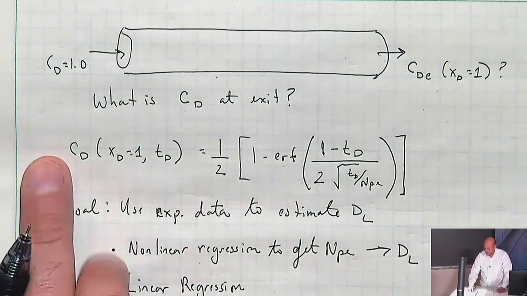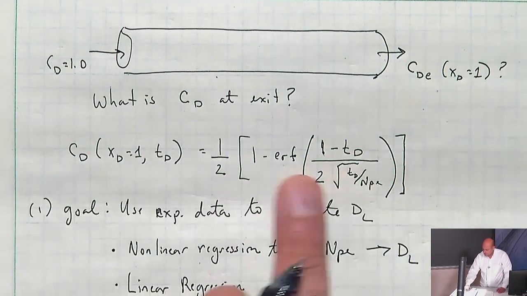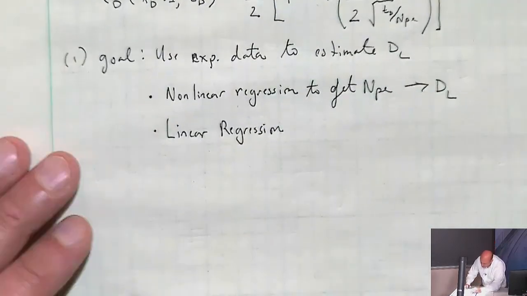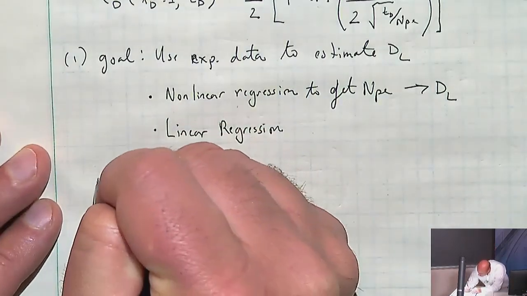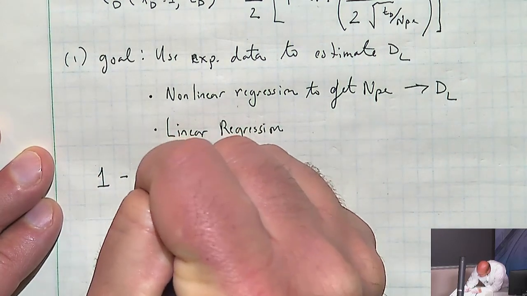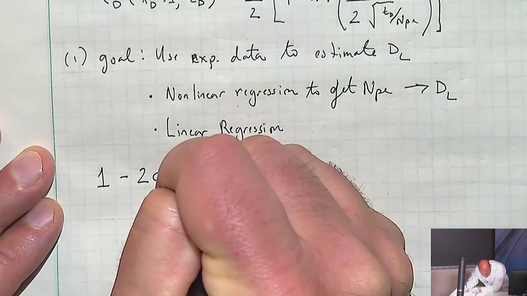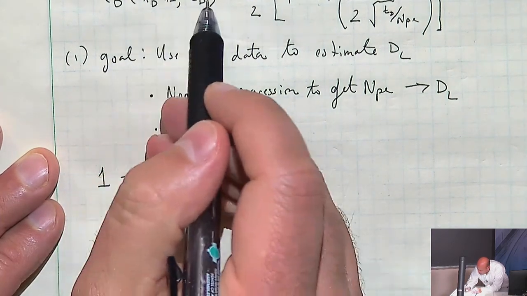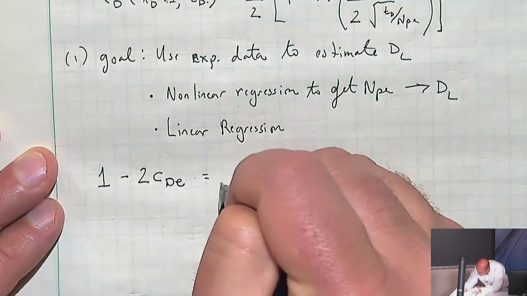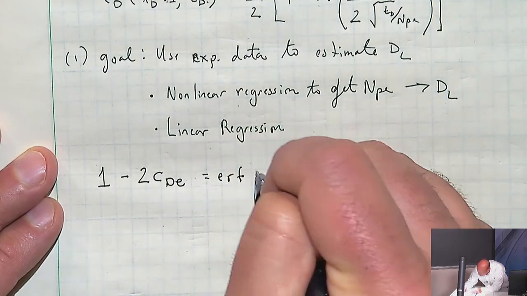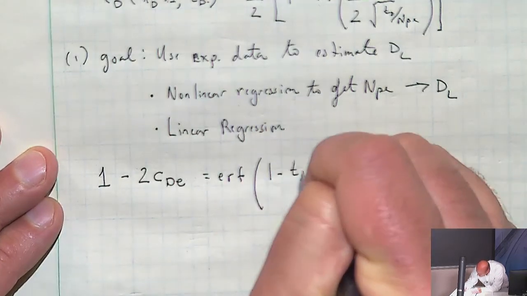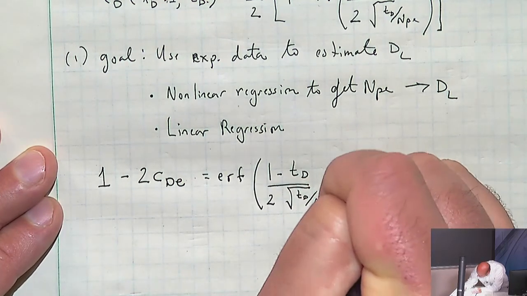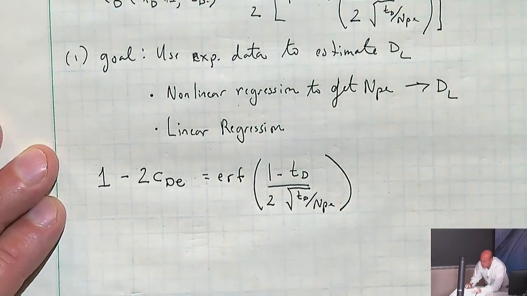So I'm going to multiply both sides by 2, then I'm going to move this over here, and so I'll get 1 minus that and move that over to the other side. So what you get is 1 minus 2 CD, I'll call it CD exit, right? This is CD at XD is equal to 1, is equal to the error function of 1 minus TD divided by 2 square root of TD over the Peclet number.